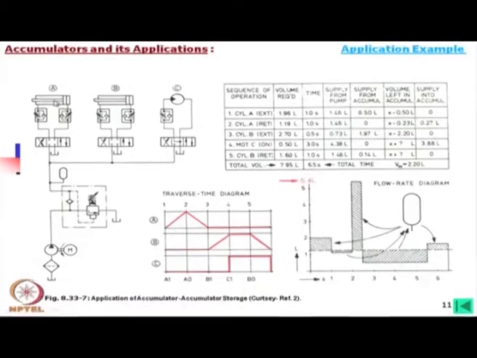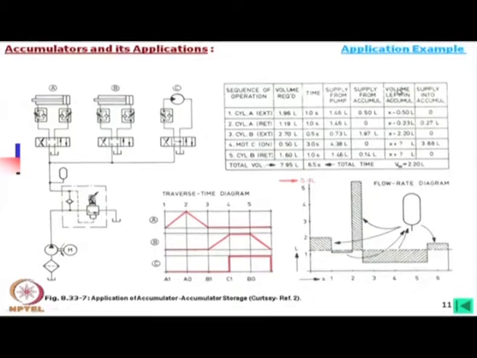Next we come to cylinder A returning. Then we need 1.19 liter for the same time, 1.0, because we need less oil, as there is a rod. For the same period, oil requirement will definitely be less. In that case, 1.46 is from the pump.